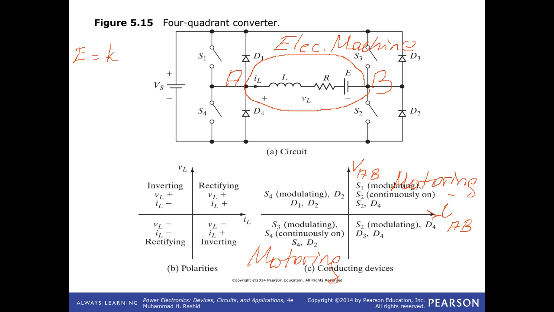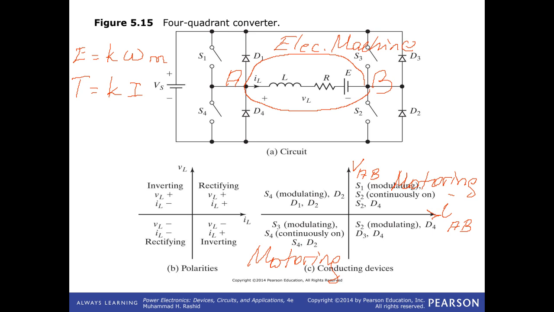Speed of the electric machine is omega m, and with the design constant, torque of the electric machine is K times current. So if current is reversed, torque is reversed. And also if speed is reversed, E also is reversed.